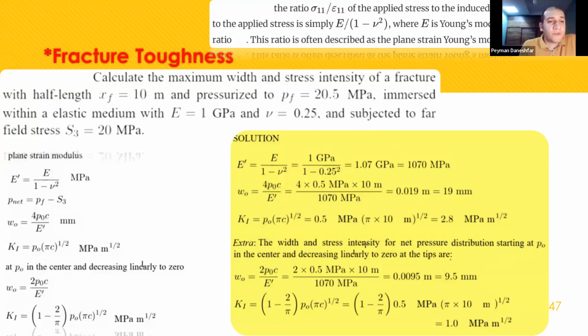And it is important for us that the width is twice that at the center, where our pressure is at the center, decreasing linearly to 0, twofold.